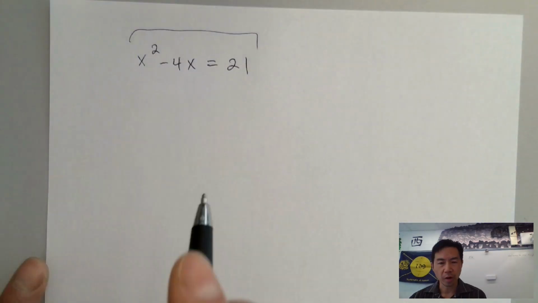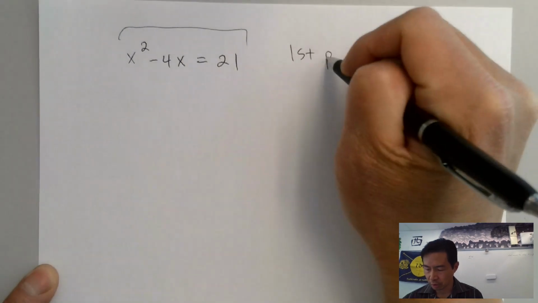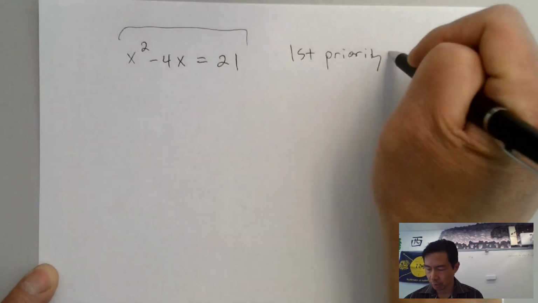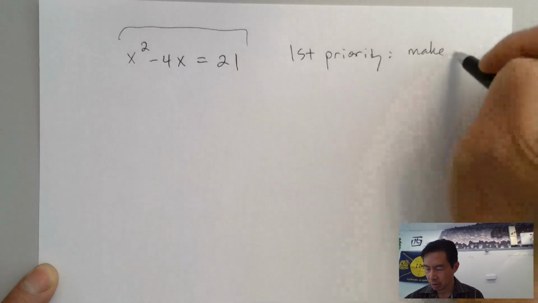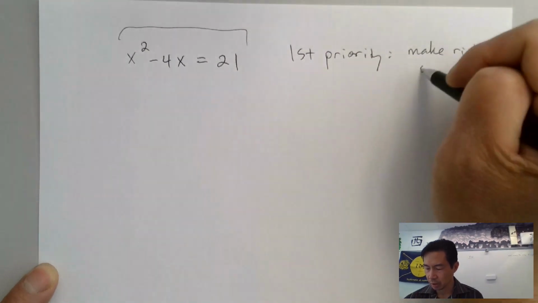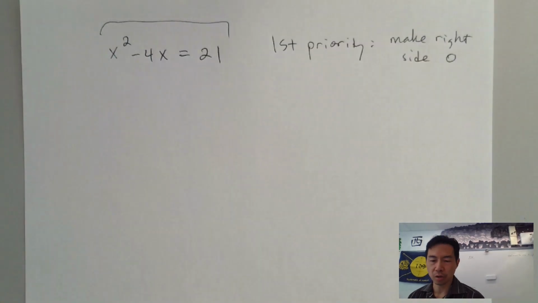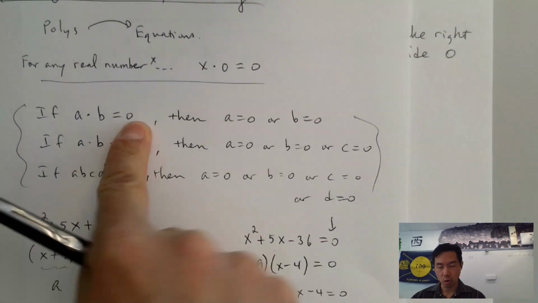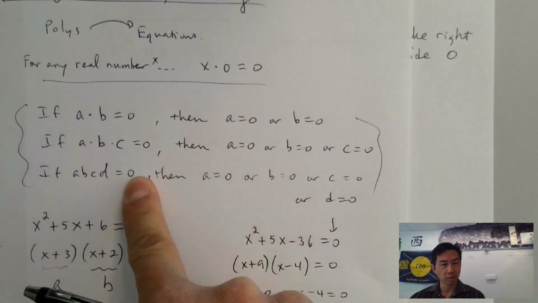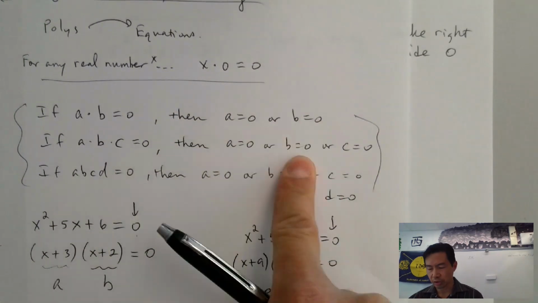The first priority is make the right side 0. You must make the right side 0, because, as we saw before, if you don't make the right side 0, we can't use any of these facts to draw these conclusions.